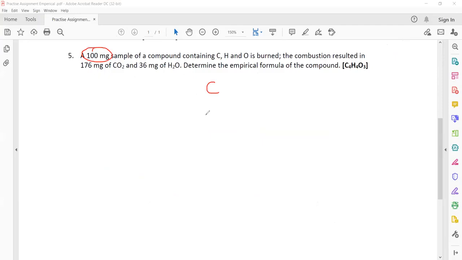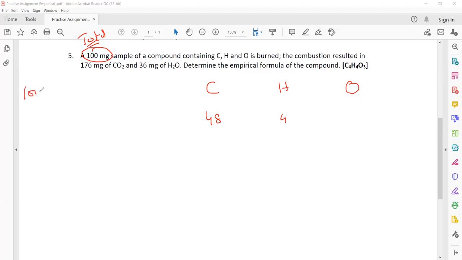We worked out that the mass of carbon was 48, mass of hydrogen is 4. So how much oxygen will be there if the total mass of the compound is 100? If we subtract the mass of carbon and hydrogen from the total mass of the compound, we can work out how much oxygen is there.